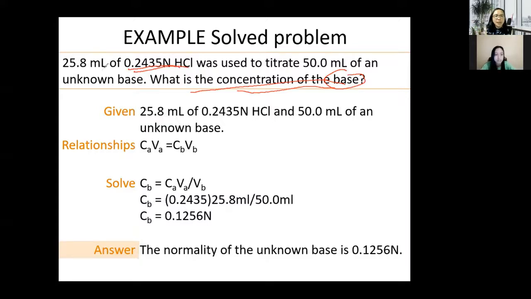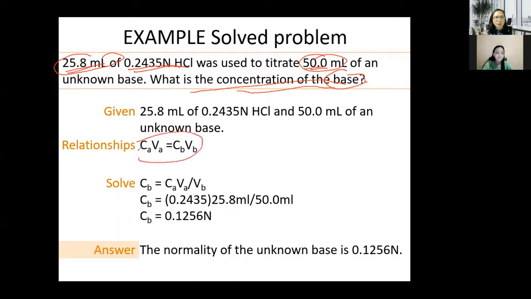Now, during the titration, 25.8 ml of your titrant was used to titrate a 50 ml. Hindi na natin kailangan itong volume initial and volume final kasi sinabi na niya na 25.8 ml ang volume na nagamit. Okay? At ang ginamit naman natin is a 50 ml of your unknown sample. Dinisolve natin yung unknown sa 50 ml volume.